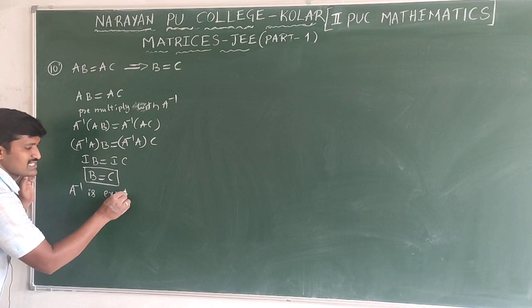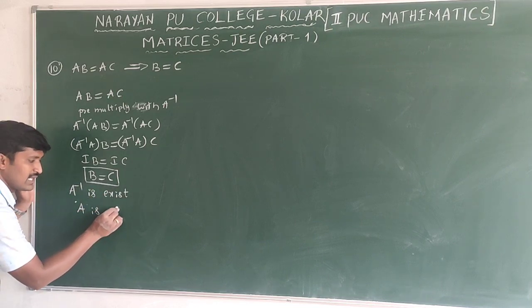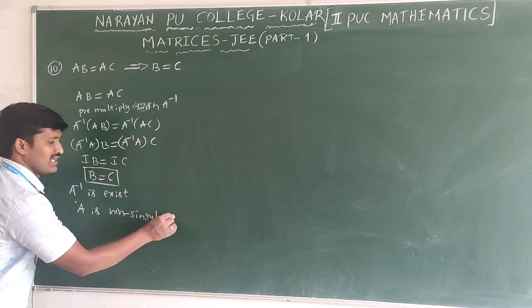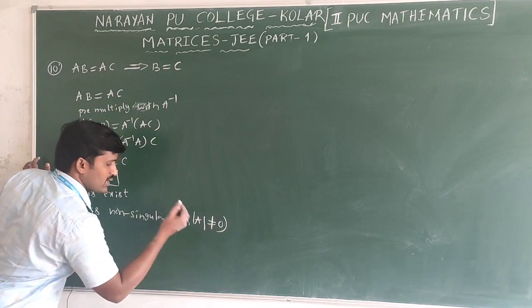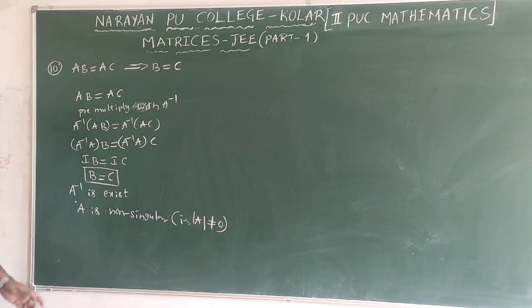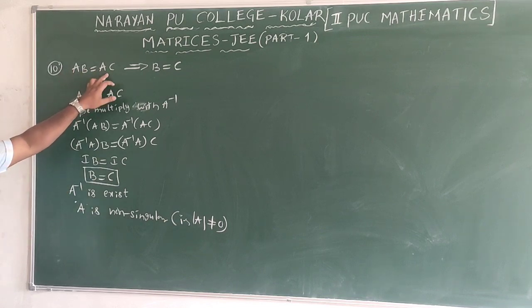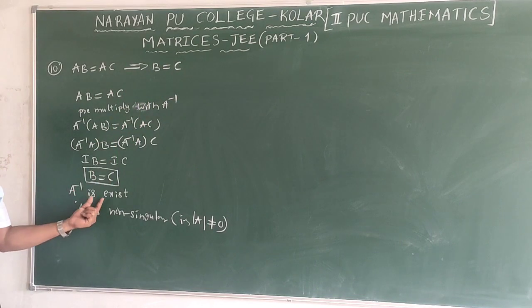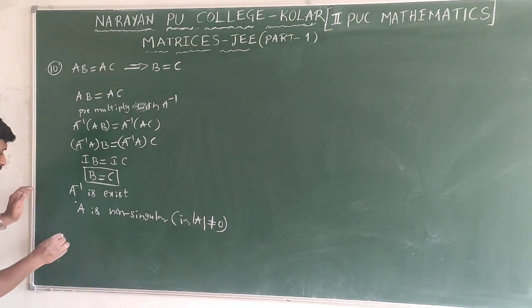When A inverse exists, A is compulsorily non-singular, that means the determinant of A is not equal to 0. That's why from AB equal to AC we conclude B equal to C when A inverse exists, and clearly A is a non-singular matrix. So which option is correct? Option A.